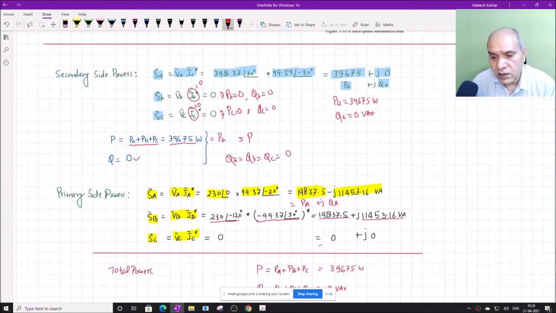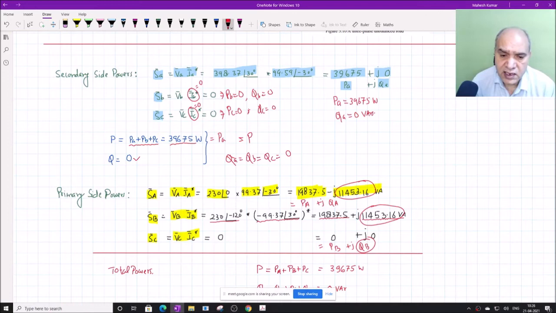So this is actually PB plus j QB. But you see, on the primary side there is a reactive power QA. This is the reactive power. And phase B also has a reactive power QB, which is equal to this. And they are opposite of each other, as if they form the lagging and leading power factor.